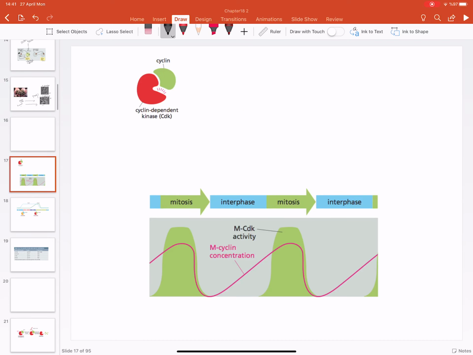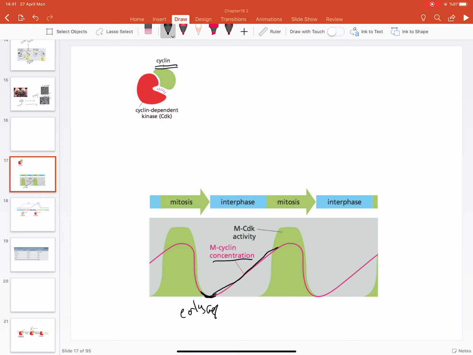And people mapped the activity and protein level of cyclin and CDK, and they realized that it is not the case for cyclin. This is actually why it is called cyclin, because in the interphase, its concentration is very low at the beginning, which is early G1, and it increases all through the interphase.